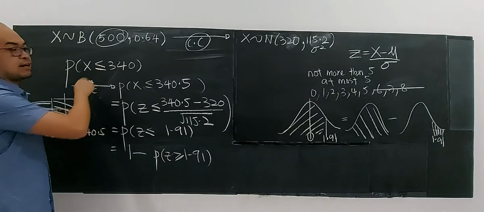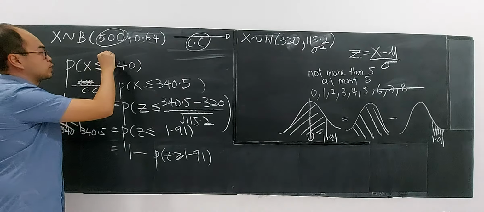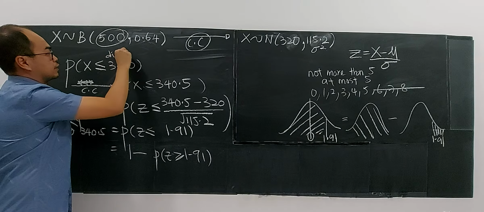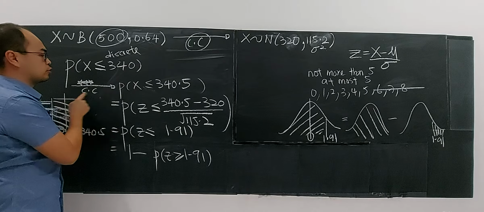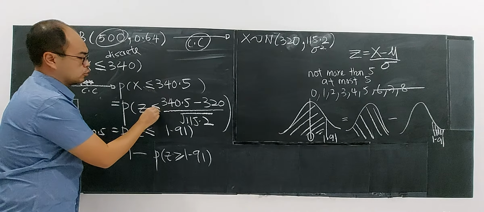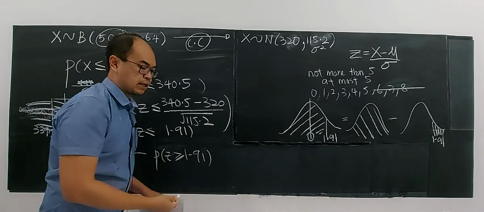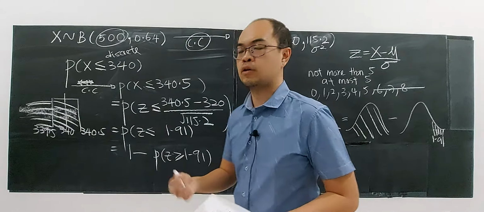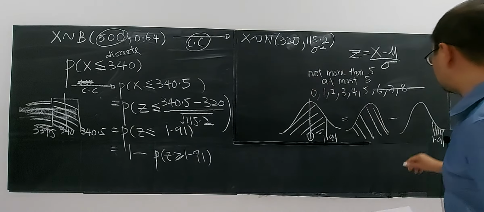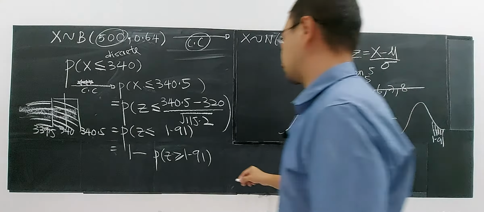But here you must have it, because this is discrete. But after continuity correction, the equal or no equal becomes insignificant, not so important. So now P(Z greater or equal 1.91). If you don't want to write equal, never mind. More than 1.91.